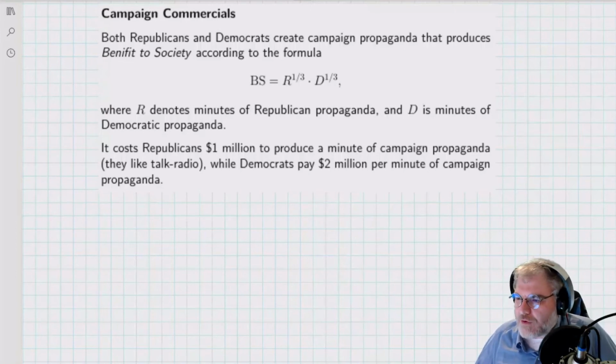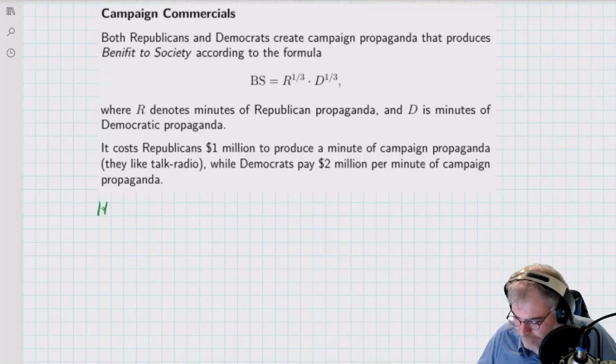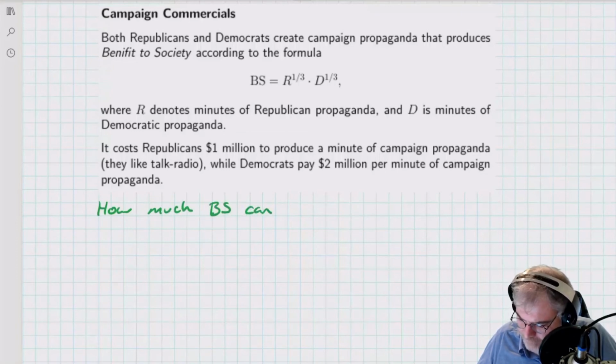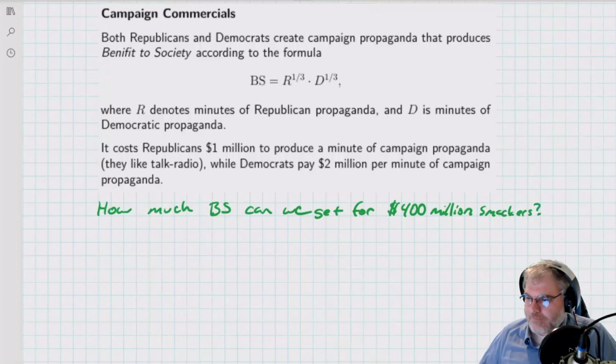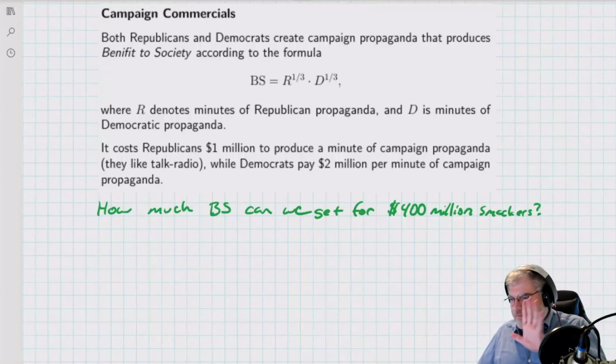Now, if we're going to spend $400 million, what's the most BS we can get for that? Okay? So is everyone on board with this problem? 1 to 5, how do we feel about that?